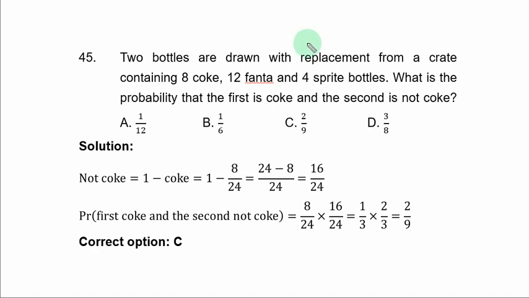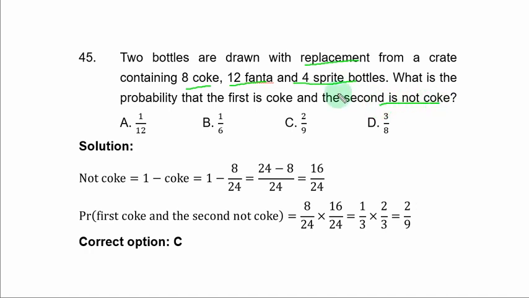Question 45. Two bottles are drawn with replacement from a crate containing 8 Coke, 12 Fanta, and 4 Sprite bottles. What is the probability that the first is Coke and the second is not Coke?